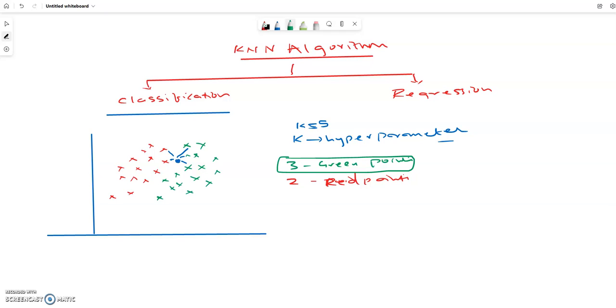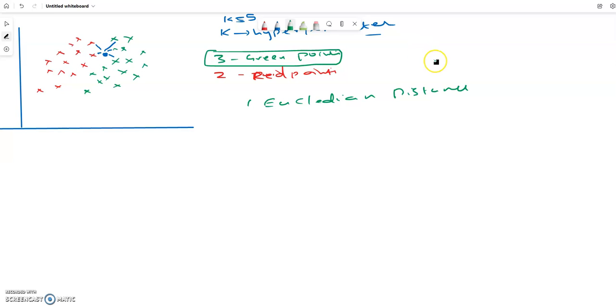Now here we use two formulas to calculate the distances between the new point and the other points. We have two methods. The first one is Euclidean distance and the second one is Manhattan distance.